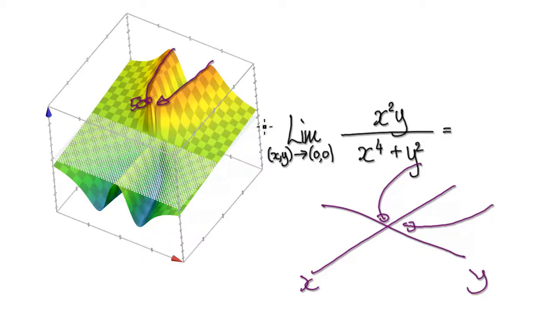But then if you head towards the origin in a straight line, it will lead you to a different limit. So heading towards the origin in a quadratic manner will lead you to a height of, let's just imagine it's 50.